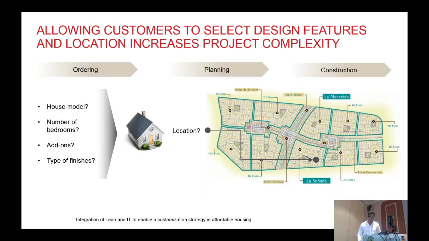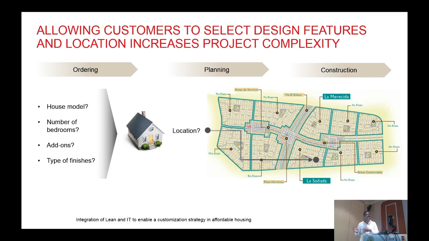So what is the interesting fact about this development? They are planning to allow customers to select some features of housing units. That is a quite interesting approach, because in the mass housing production approach, you build houses to stock. You just work with predefined drawings, and perhaps you just need to build the same house over and over again, as in the case of the picture that we saw before.